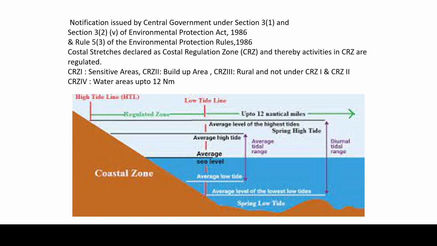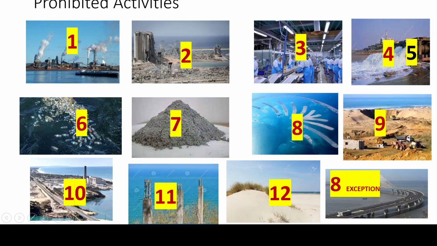Now there are certain restrictions, or prohibitions you can say, for certain activities in these coastal areas. We'll go through them one by one. The first one is setting up of new industries or expansion of existing industries.